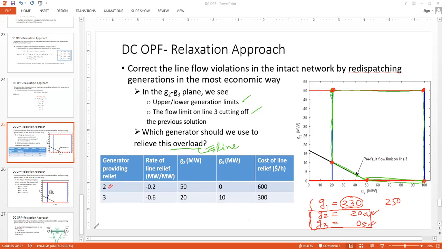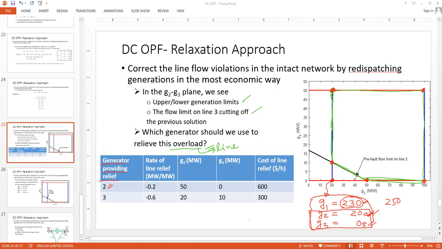In that case, G2 will take how much? Okay, that means I have to take this solution, so I am shifting from this point. What does generator providing relief mean? I was taking this much from 230, taking 20 from G2 and 0 from G3. This was the point.